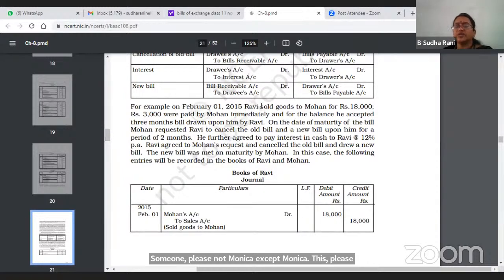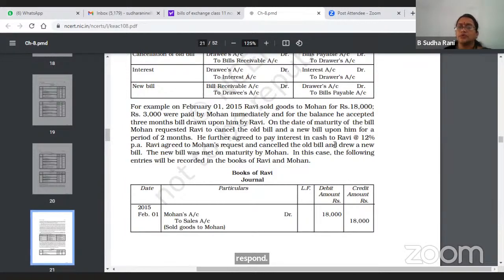February 1st, 2015, Ravi sold goods to Mohan. So who is drawer and drawee, please? So no one else? So Ravi is the drawer because he is the seller, and Mohan is the drawee because he is purchasing.